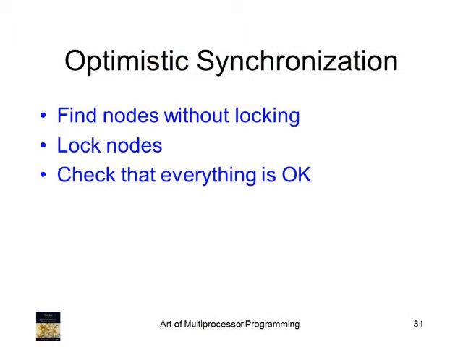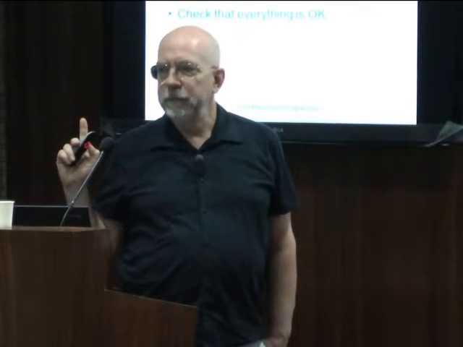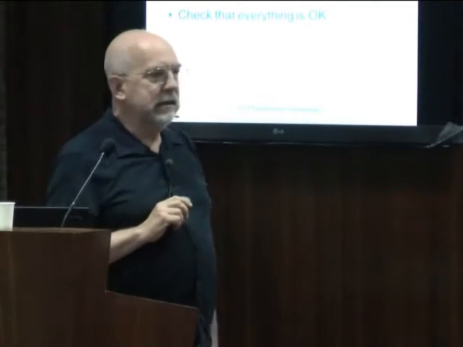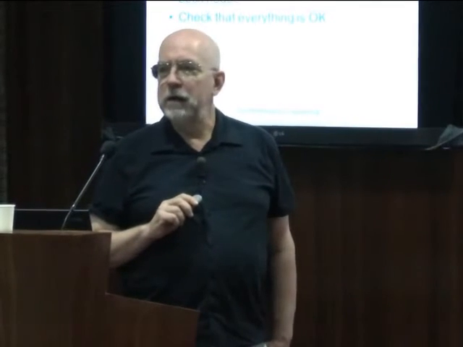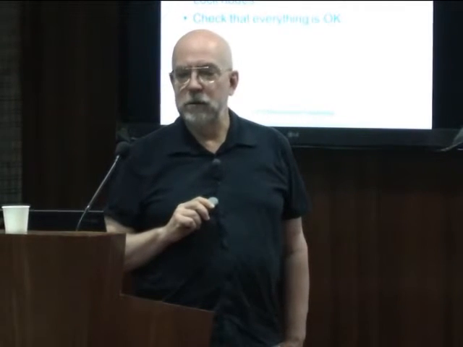So the next thing that we looked at was optimistic synchronization, where we assume that whatever it is we're looking for is not the target of a concurrent thread. So here we search through the list without acquiring any locks. And here too, the more you know about it, the more frightening this prospect is, because I haven't said anything about memory models and other ways that things can get you into trouble if you read the data without locking.